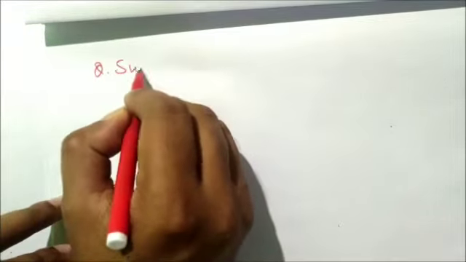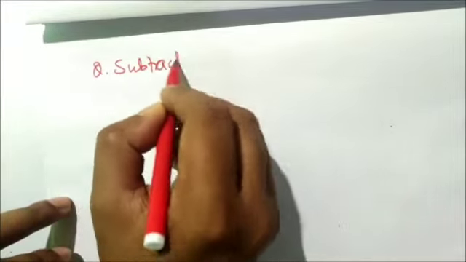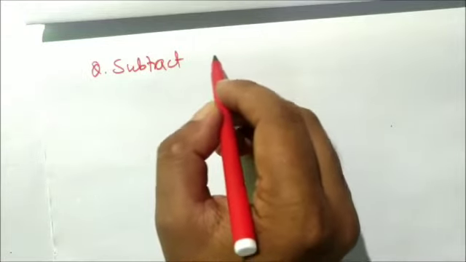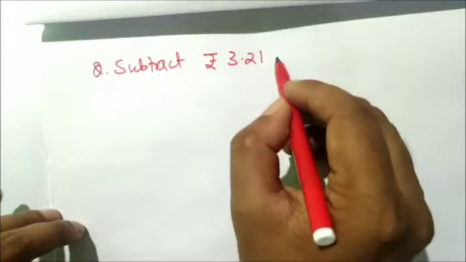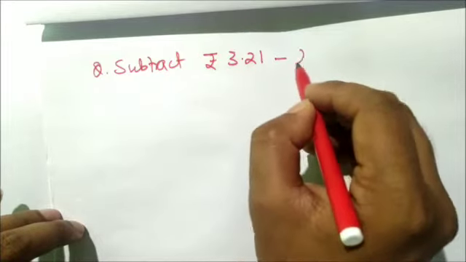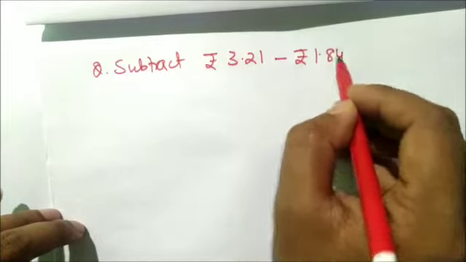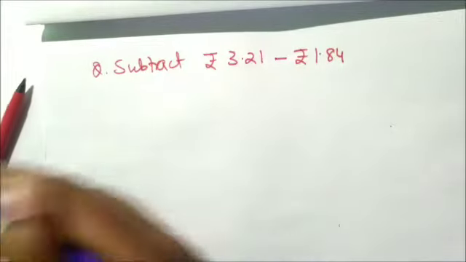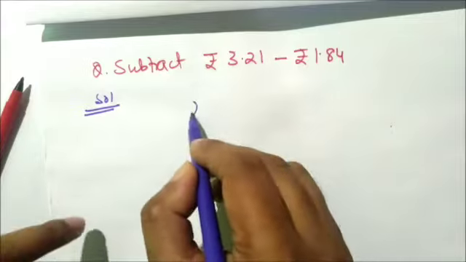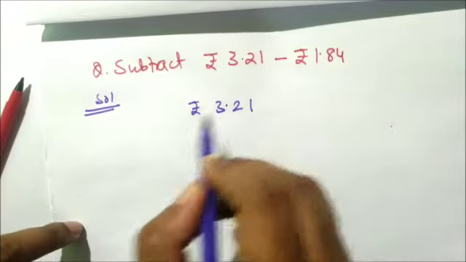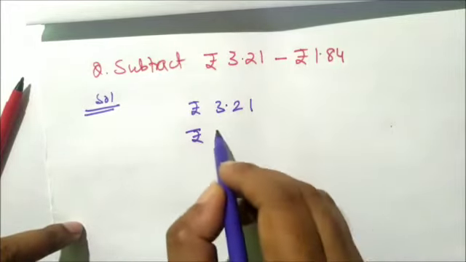Very simple in fact. Now another question, subtraction. Subtract rupees 3.21 minus rupees 1.84. Okay, so this is the question. From rupees 3.21 we are going to subtract rupees 1.84.